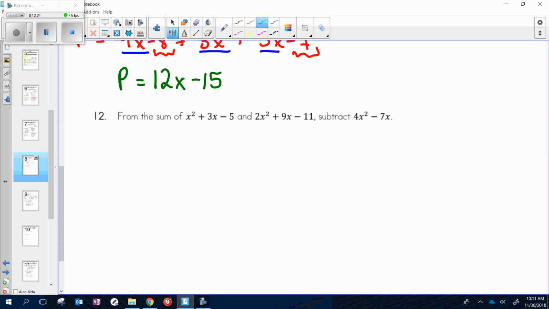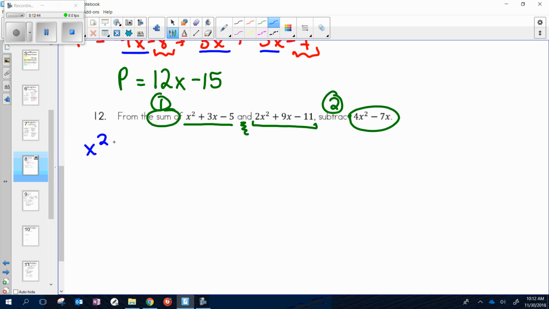So lastly, for question 12, we're looking for the sum of x squared plus 3x minus 5 and, which means we're adding it to this. Then they're asking step 2, step 1. Step 2 is to subtract this polynomial after. So let's start with our sum of x squared plus 3x minus 5 plus 2x squared plus 9x minus 11.